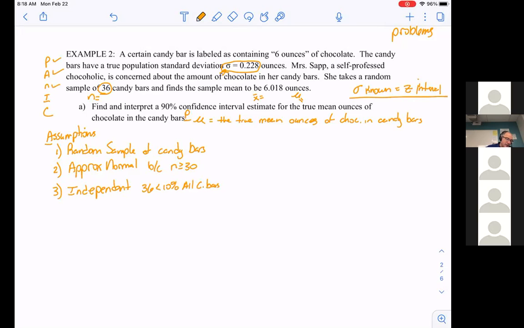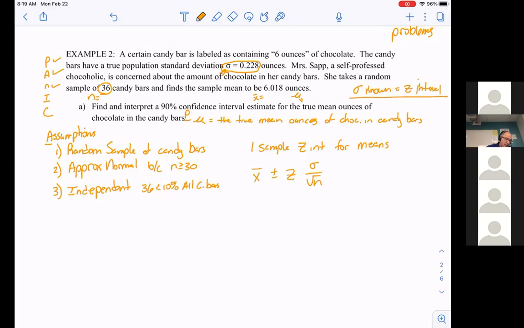We're going to name this interval as a one sample z interval for means. Again, I'll write out our interval on this first one. There is my interval.